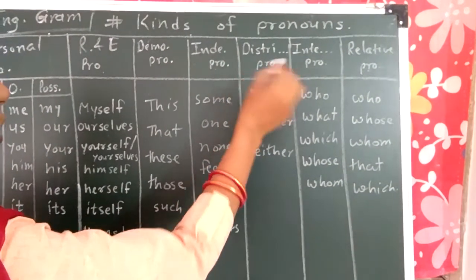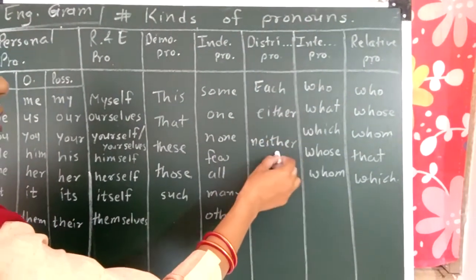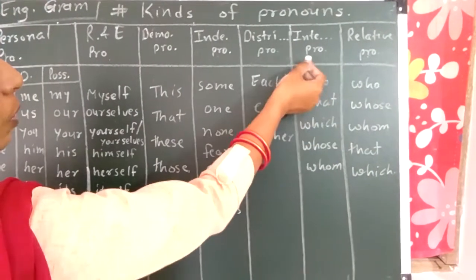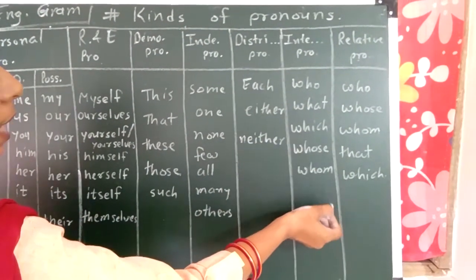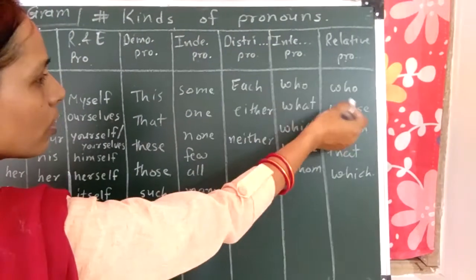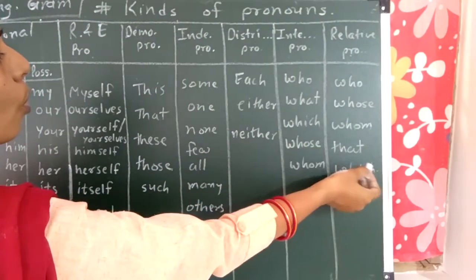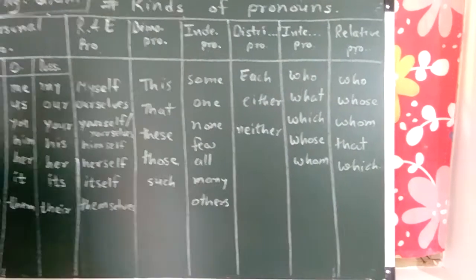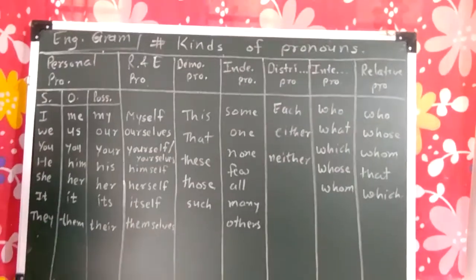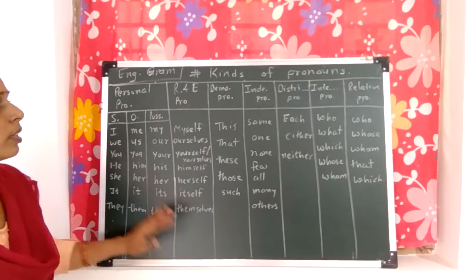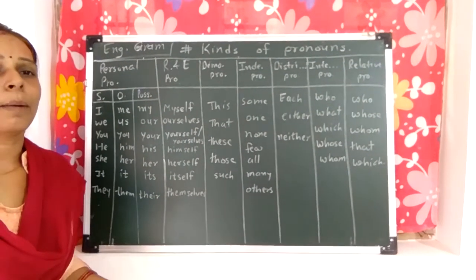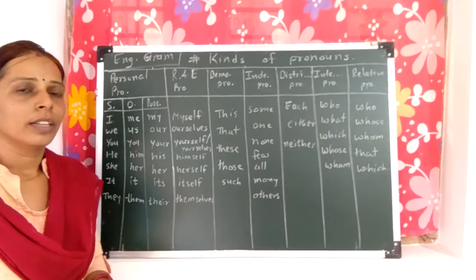Now distributive pronouns are each, either, neither, etc. Interrogative pronouns are who, what, which, whose, and whom. And relative pronouns are who, whose, whom, that, and which. These are the kinds of pronouns. Right? We will understand all these kinds of pronouns with examples in the next session. Thank you.